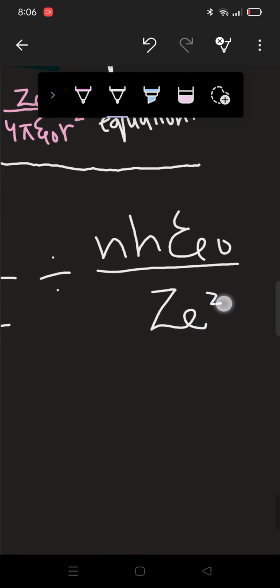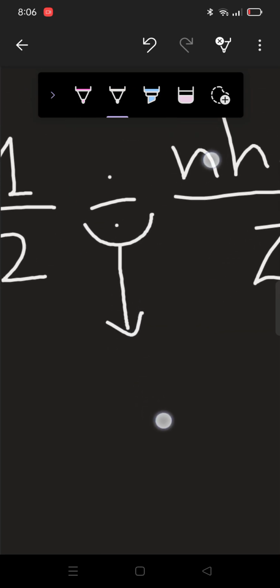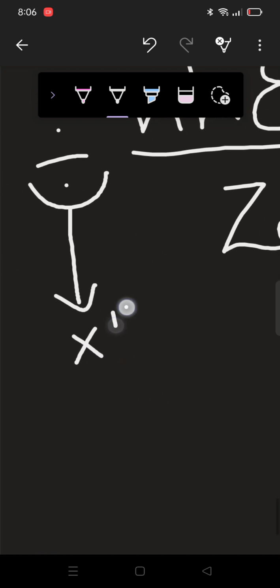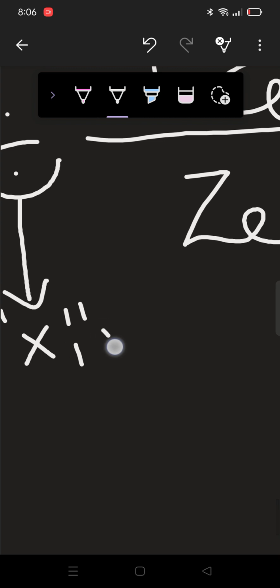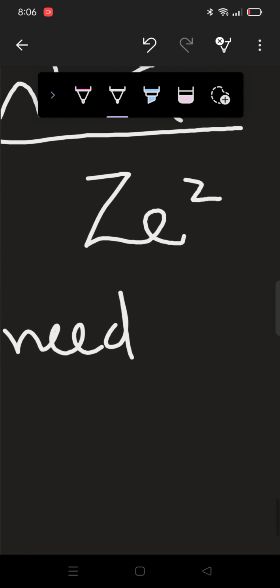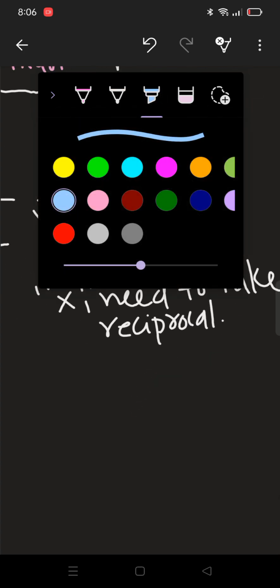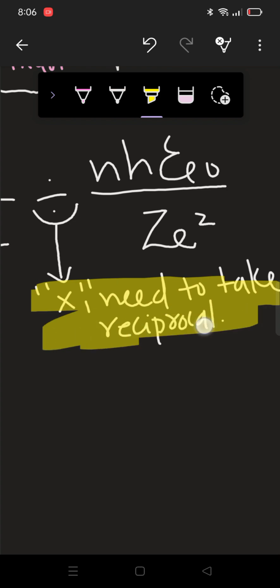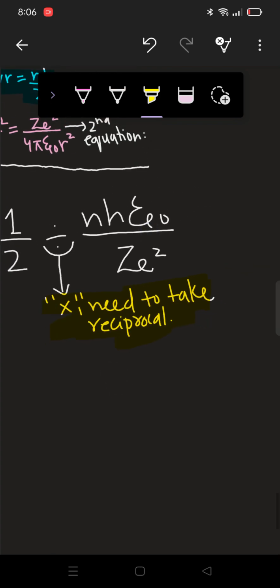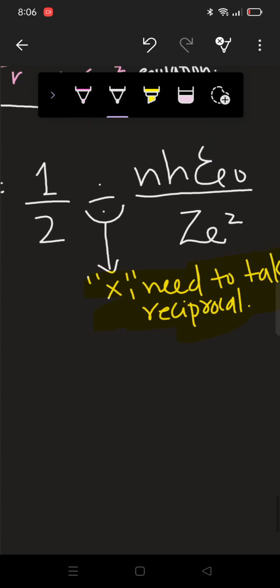Now we know the rule: when we convert this division sign into multiplication, we need to take the reciprocal. Let me highlight this very important point, we need to take the reciprocal. So let's do that.